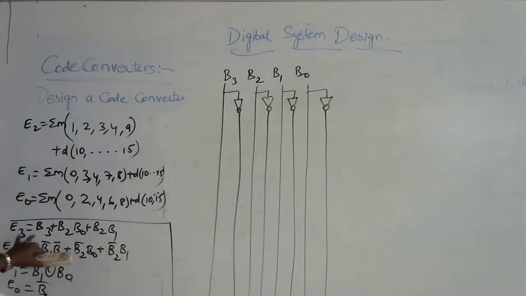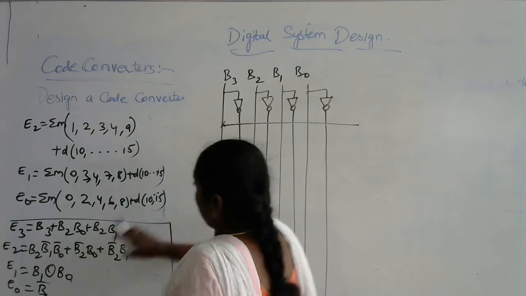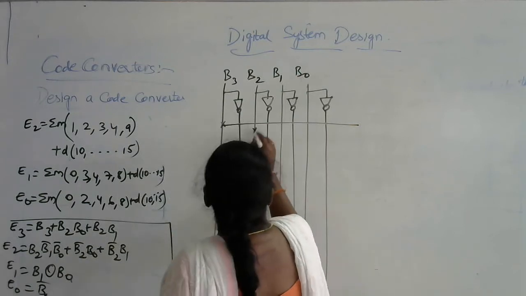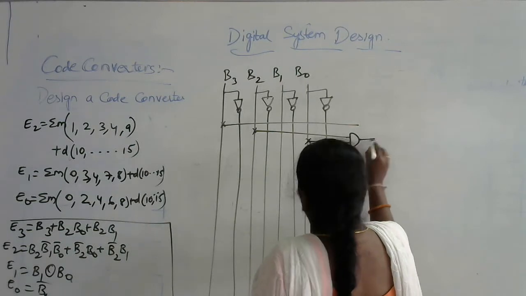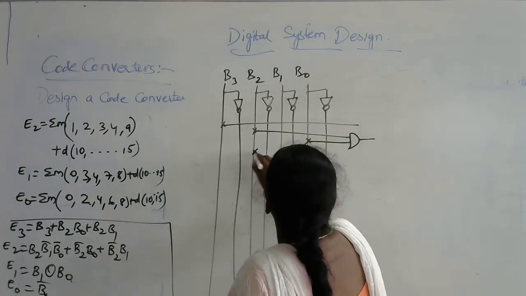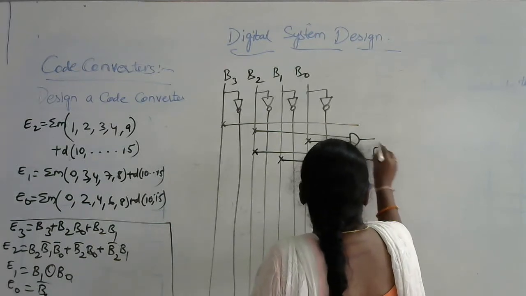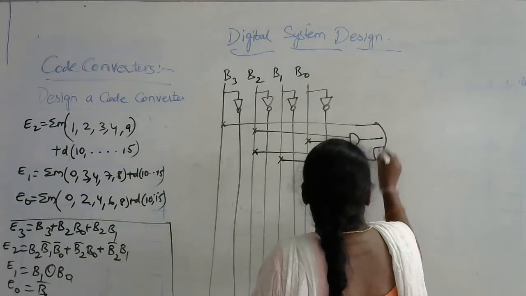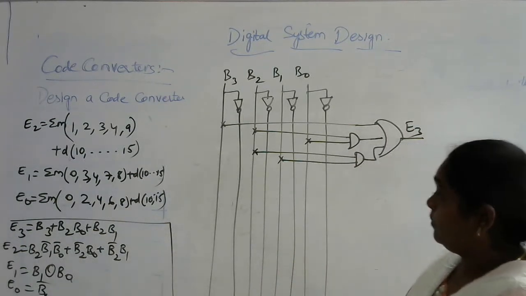The expression for E3 is B3, B2, B0. This is B2 and this is B0. B2, B0 should be an AND gate, and B2, B1. This is B2 and this is B1. Both should be an AND gate. All these three should be connected to an OR gate. This is for excess 3 code of E3.